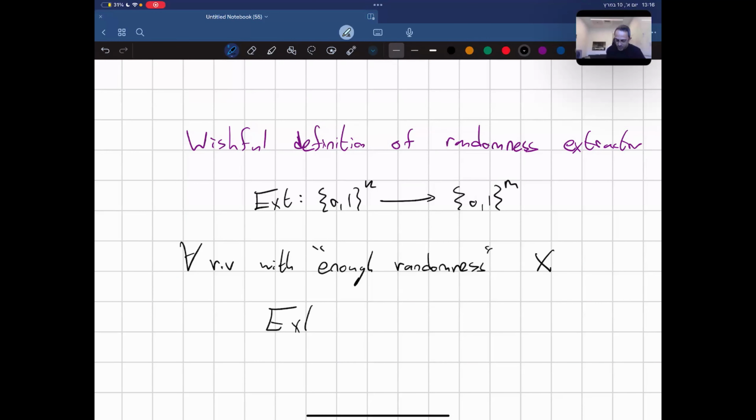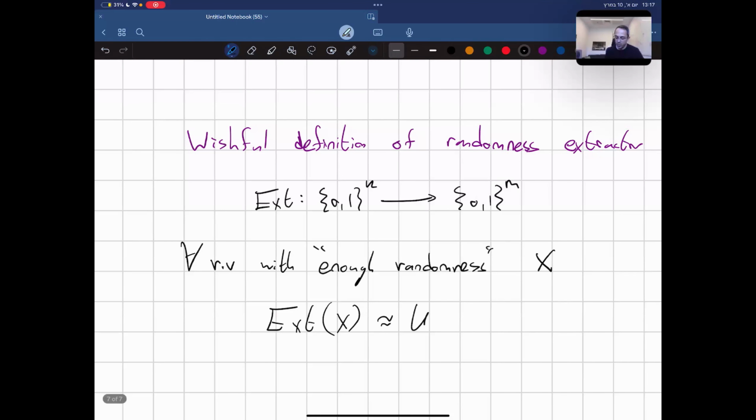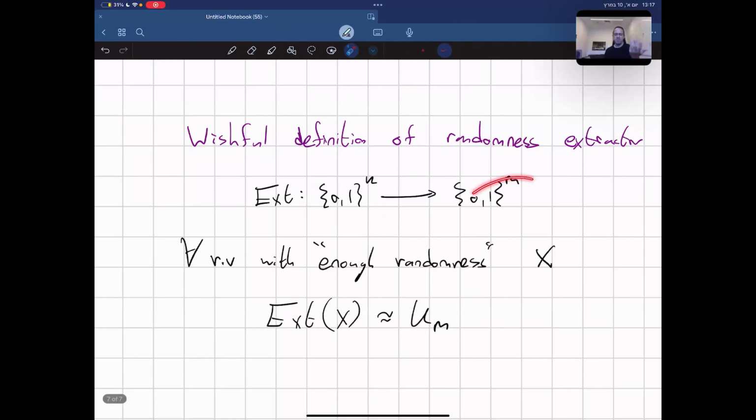You want that the output is, in some way that we will formalize, close to uniform over m bits. Okay? That's the goal. So if you have enough randomness here, and in a sense it should be at least m bits of randomness, then the output should be maybe not exactly, but sufficiently close to uniform.